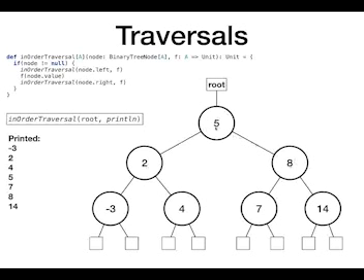As long as I have this property and I run an in-order traversal, I'm visiting those numbers in sorted order. So that's something very useful for binary search trees that we get from that setup.